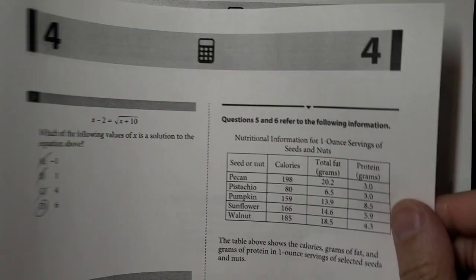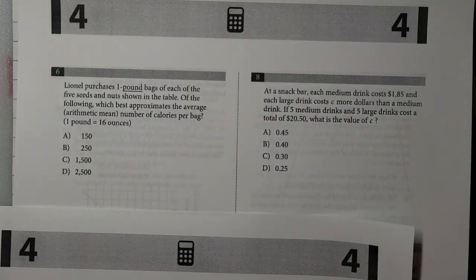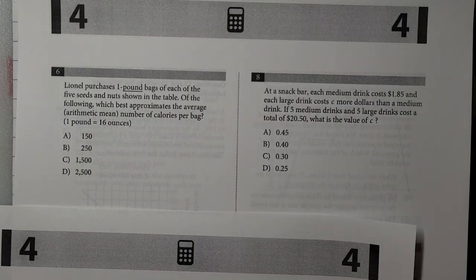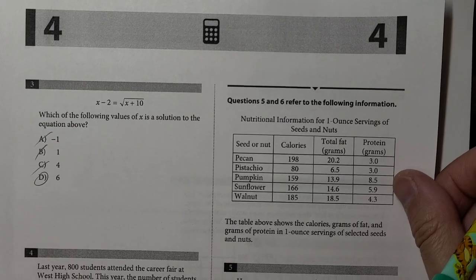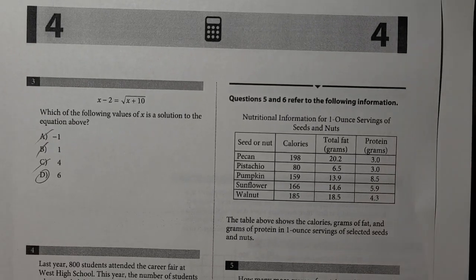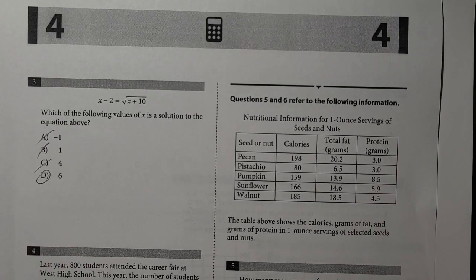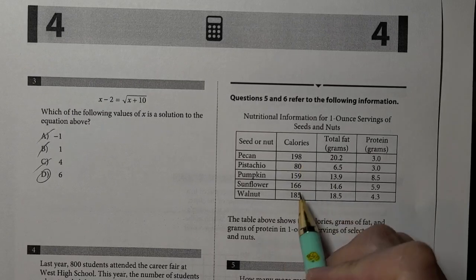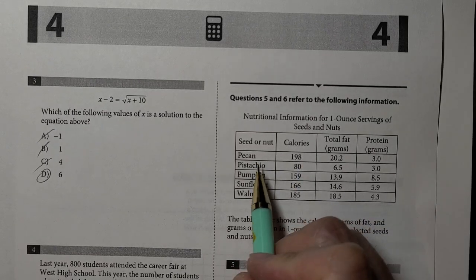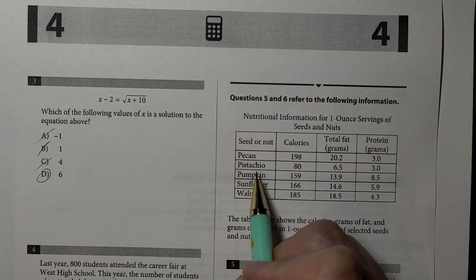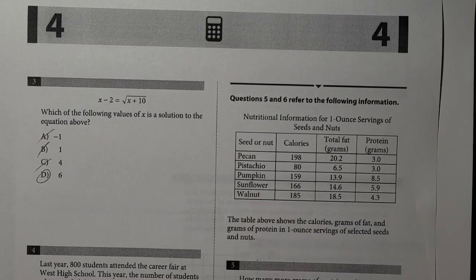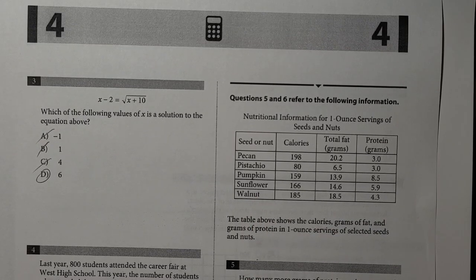Again, it's asking for the average number of calories. We would want to sum up all the calories and then divide by how many entries there are: 1, 2, 3, 4, 5. 5, okay? And then at the end, we can multiply by 16.